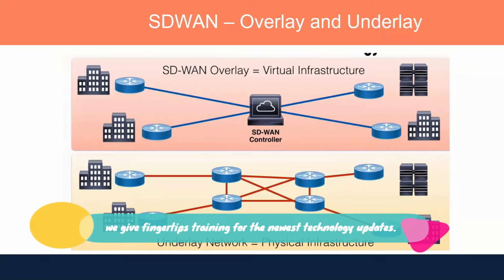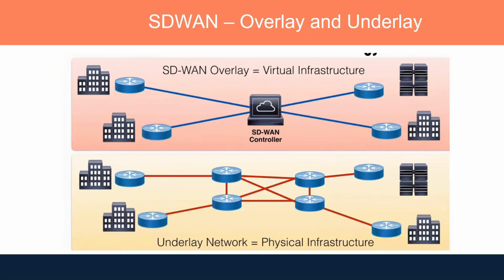You can see here underlay network, which is your physical infrastructure, defined in the second picture. Here it is showing how your network is connected, but to send data, all the devices would be using a tunnel mechanism and it would be using the SD-WAN cloud to share the data.